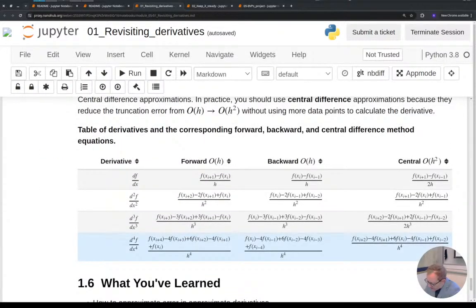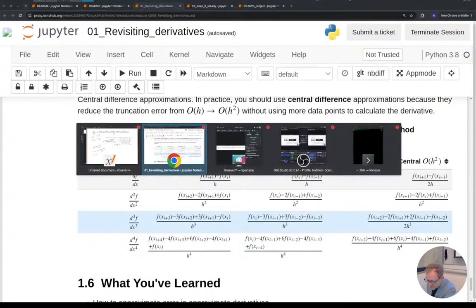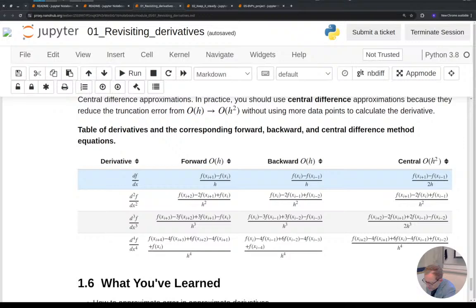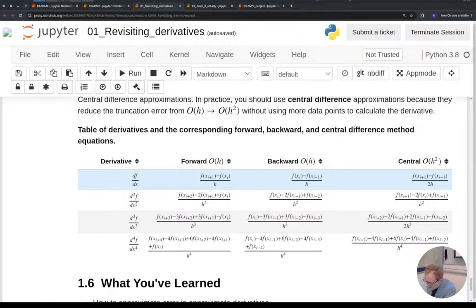So third derivative central, so minus 2 and a plus 2, and then 2h cubed. And what was it? W(i+2), W(i+1). Was it minus then plus? Yeah.